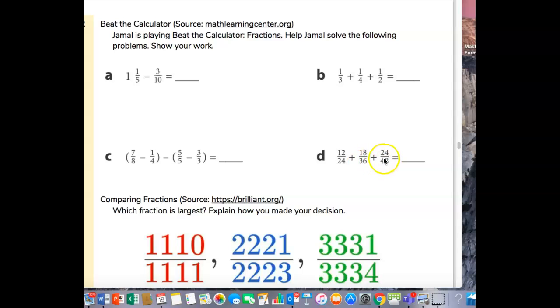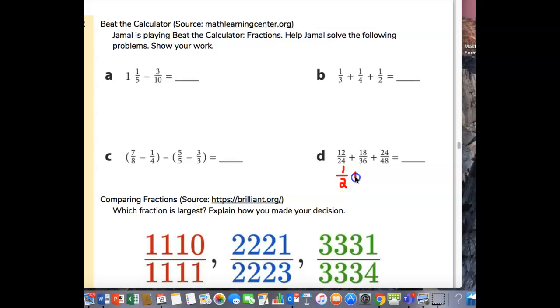I'll work with you on finding common denominators with 2-digit numbers next year. But if you look at this, 12 24ths, well, half of 24 is 12, so 12 24ths would reduce to 1/2. Okay?